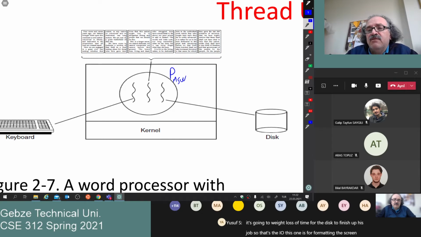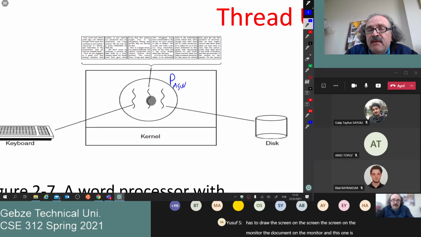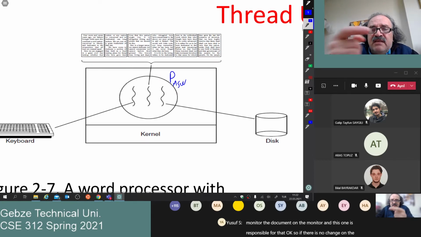This one is for formatting the screen. Whenever I type something, the screen has changed, and somebody has to draw the document on the monitor, and this one is responsible for that. If there is no change on the document, then the screen will be the same, and it's not going to do anything.